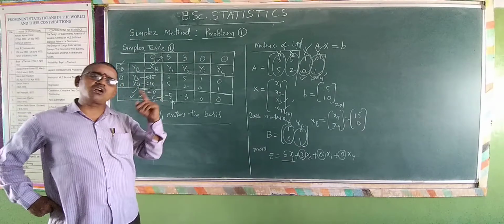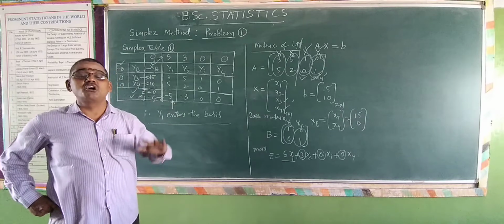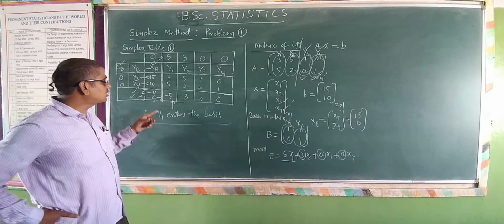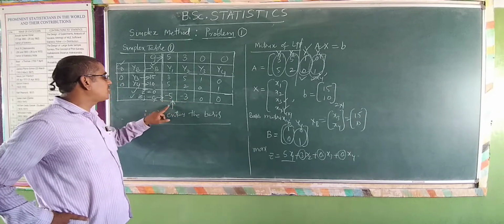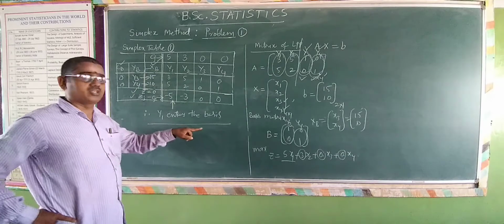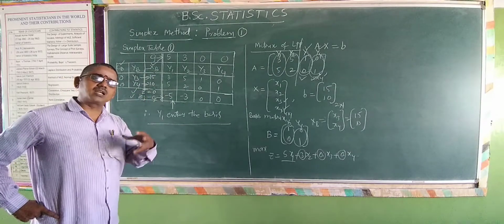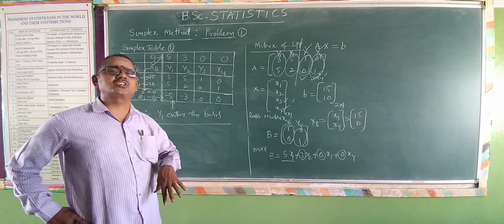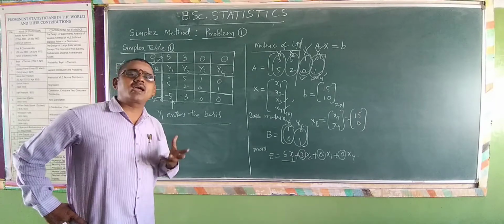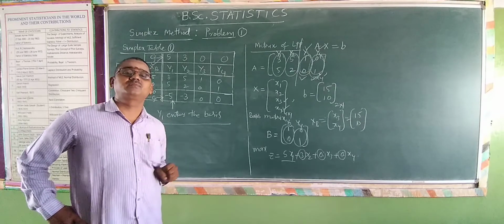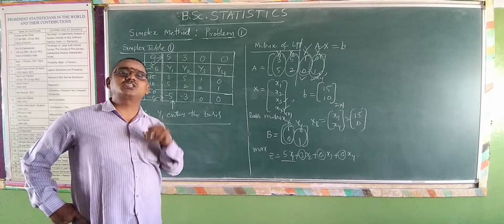If only one, we consider that; otherwise, we consider the most negative of them. Here we considered minus 3 and minus 5; the most negative is minus 5, and the corresponding vector is y1. Therefore y1 enters the basis. So this procedure of examining Zj minus Cj determines which vector enters the basis.